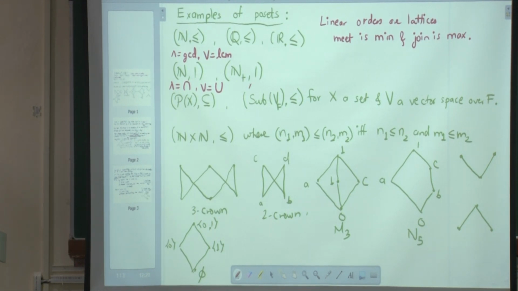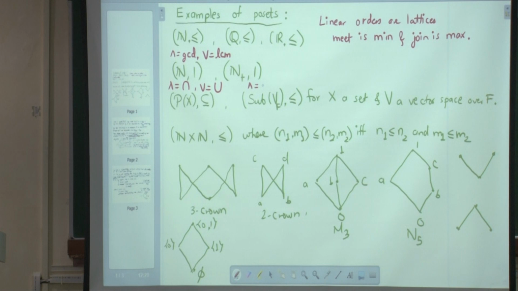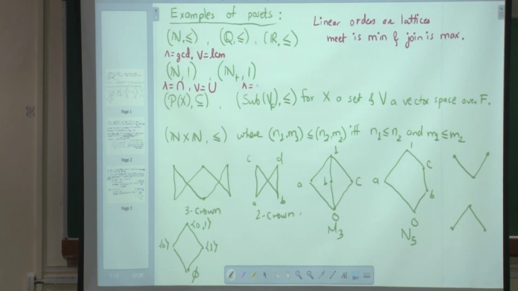What is meet in the case of subspaces? Given two subspaces, what is the largest common subspace? Their intersection. And join is their sum. Yeah, it is the subspace generated by their union. It's not the union, because the union of two subspaces is not a vector space, right? Okay.